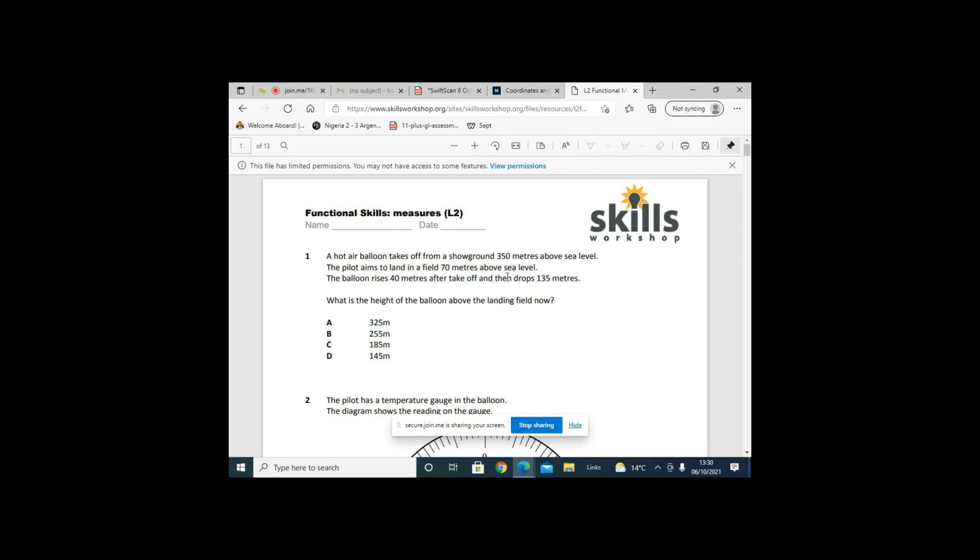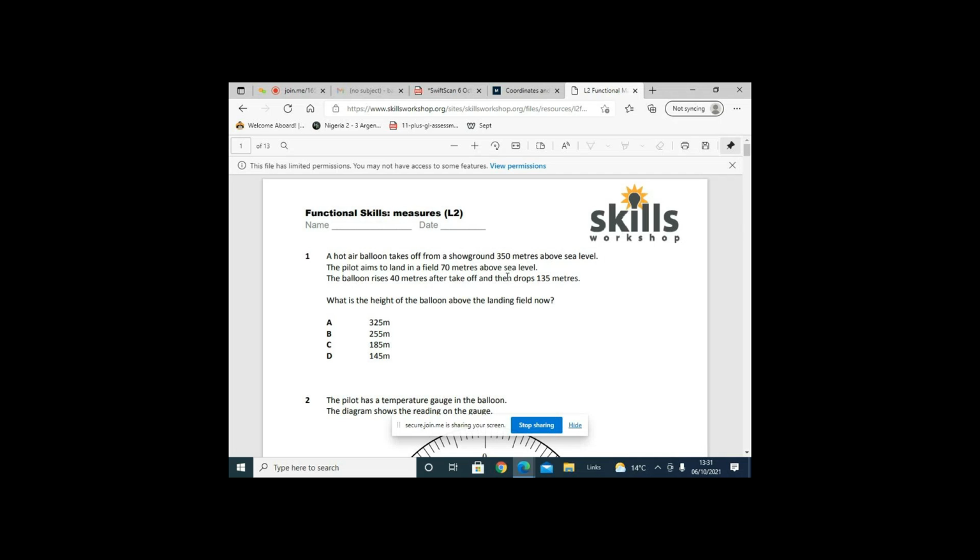Then the second part is that the pilot aims to land in a field that is 70 meters above sea level. So he wants to go down, because where he was starting from was 350 above sea level. If he wants to land at 70 above sea level, that means it's going down. So now you know the meaning of the first two sentences.